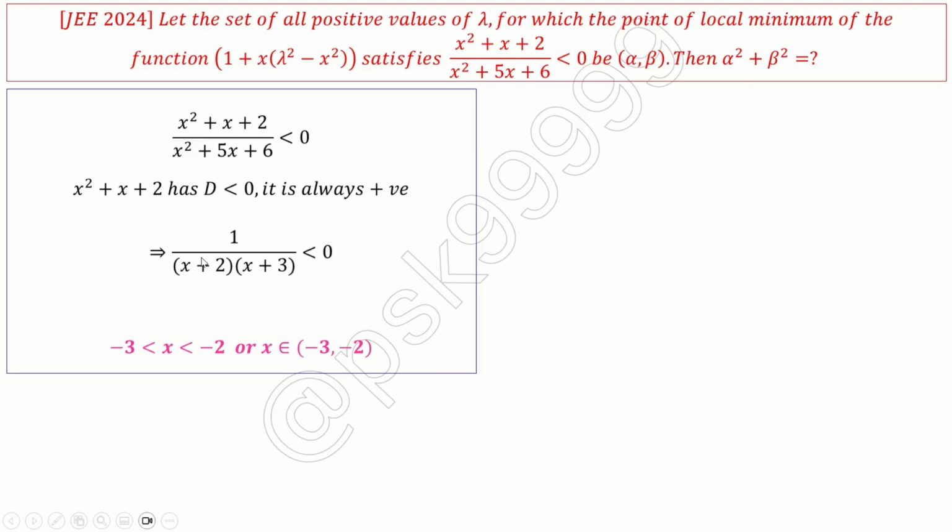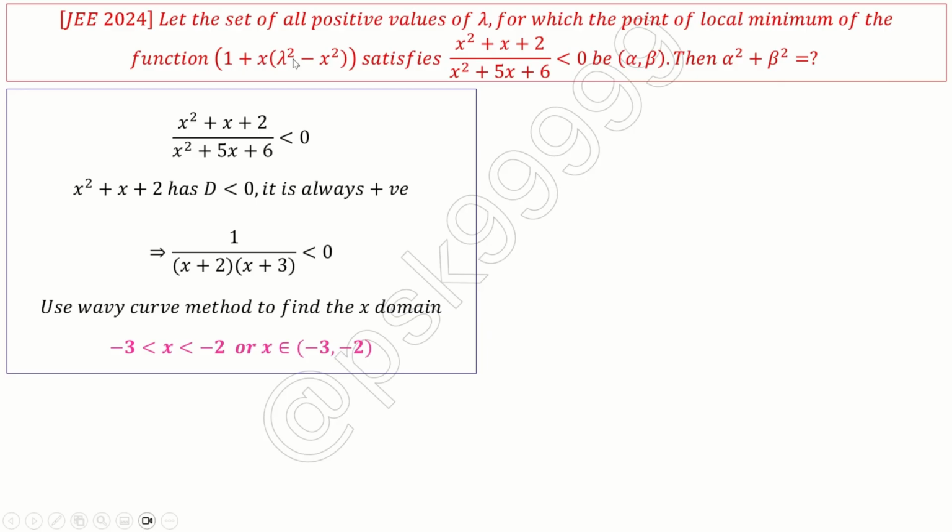So my domain is influenced by 1 by x plus 2 into x plus 3. Now we can use the wavy curve method easily, and we can find out x is between minus 3 and minus 2, which means x is in the open bracket minus 3 comma minus 2 close bracket. Now I know my x domain.